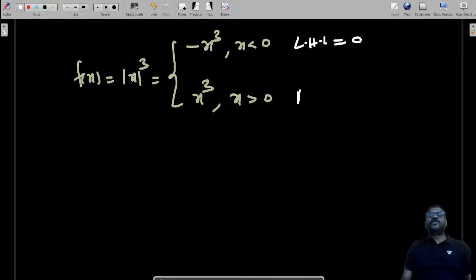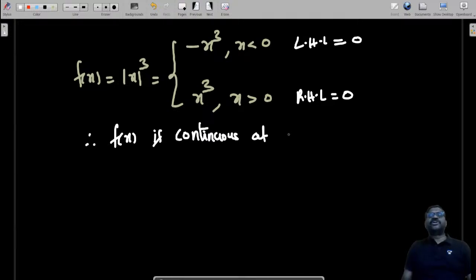Left hand limit is 0. Right hand limit is 0. Therefore, f of x is continuous at x equal to 0.